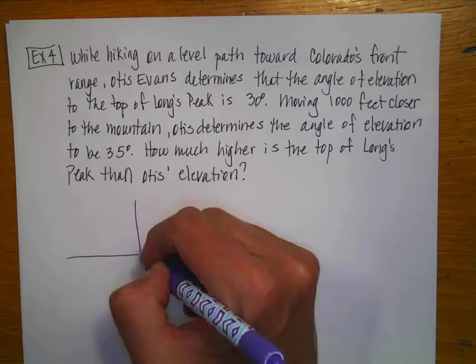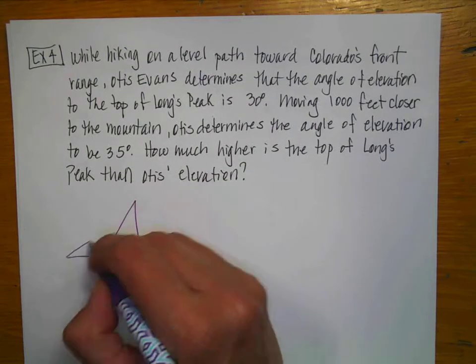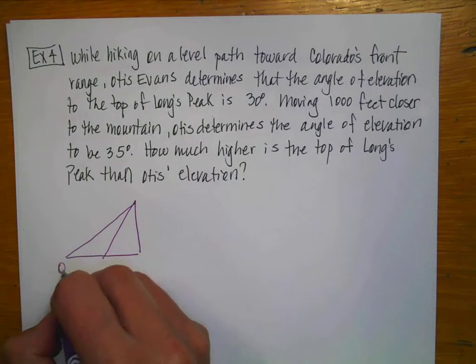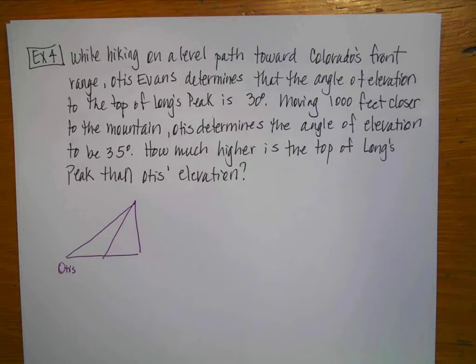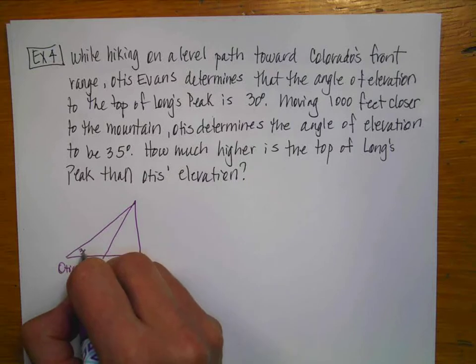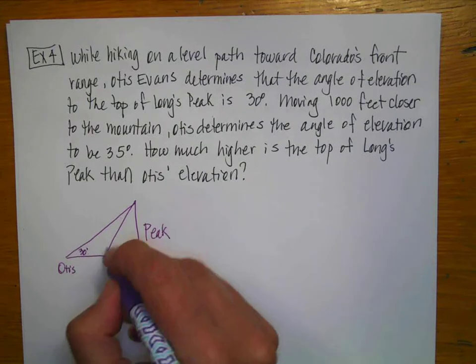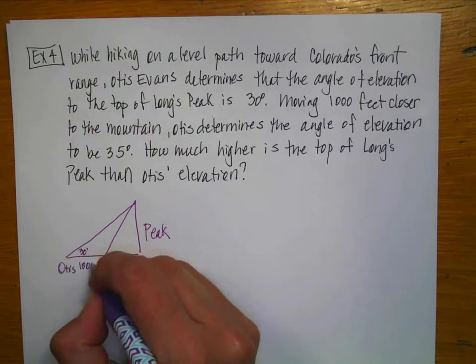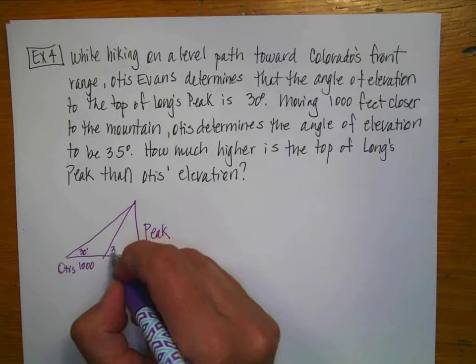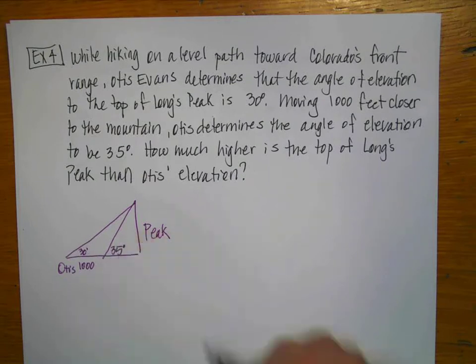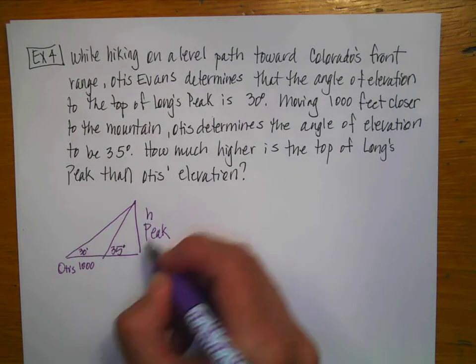If I start by drawing a picture, which is what you should always do, Otis is going to be right here. I'm just going to write Otis. He's looking at the top of the peak, and it's 30 degrees, so I'm going to call this our peak. Then he moves 1,000 feet closer, and the next angle of elevation is 35 degrees.